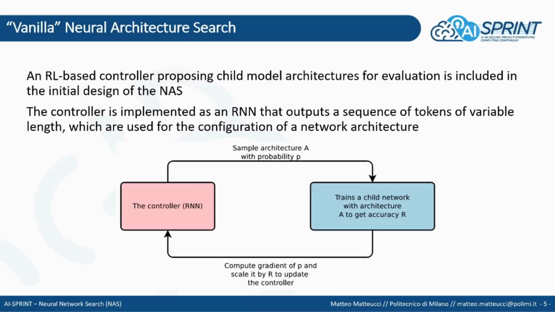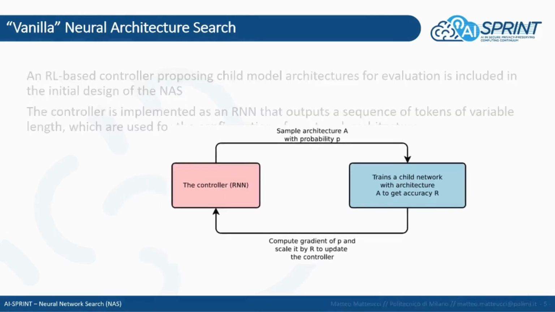This controller, in this original work, was implemented as a recurrent neural network, which was generating a sequence of tokens of variable length, which were the size of the filter, the width of the filter, the stride, and so on, as I was talking about before.